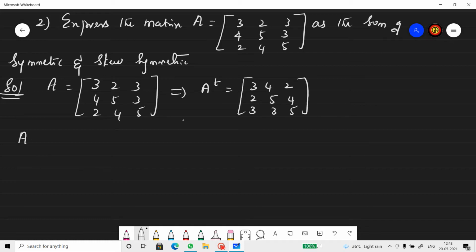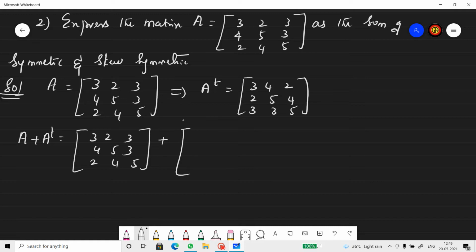Next step, add A and A transpose to form a new matrix. So when I add A and A transpose, 3 2 3, 4 5 3, 2 4 5 added with 3 4 2, 2 5 4, 3 3 5, what do you get?